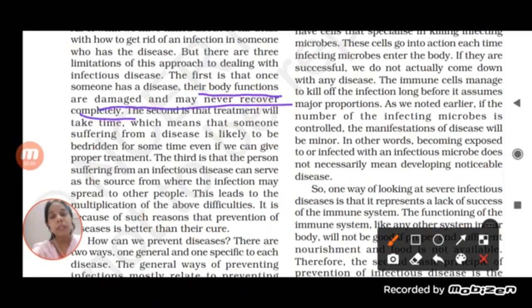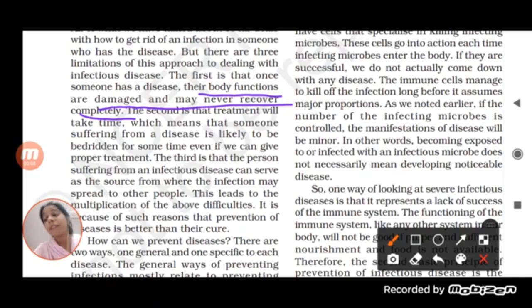Okay, so we can say the body functions do not work properly after some time, and this problem occurs because if it is a chronic disease, it takes a lot of time, students. So obviously there is a chance of malfunctioning of the body function, or even the body part may get permanently damaged.